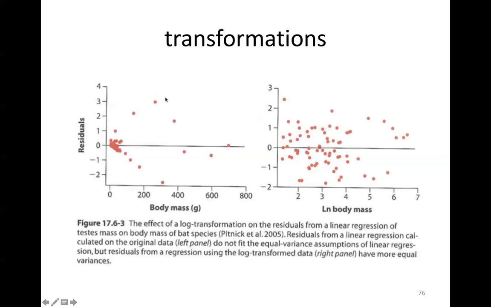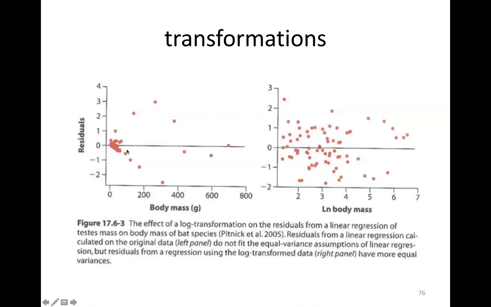If you input the original data without transformation, it looks like this. Many organisms have small body mass, few organisms have large body mass, and also the residuals here are much smaller, residuals here are much larger. So this is obviously not a nice setting to perform regression analysis.